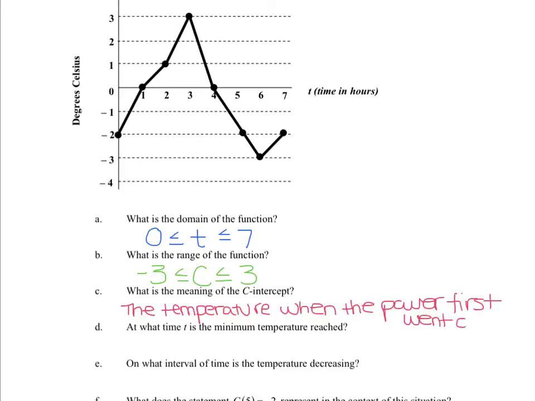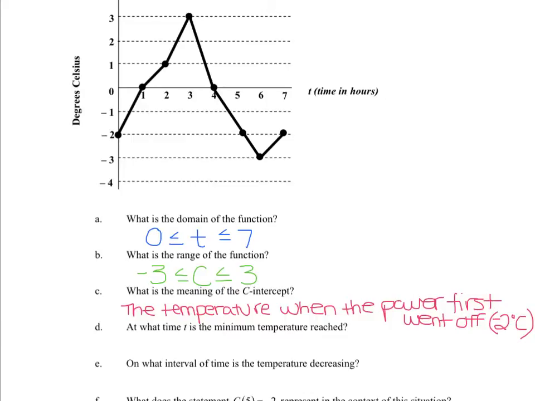So it first went off at negative 2 degrees Celsius. So the meaning of the c-intercept is the temperature when the power first went off, which is negative 2 degrees Celsius.